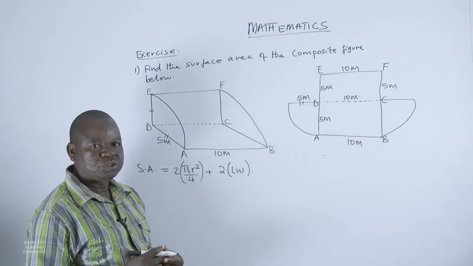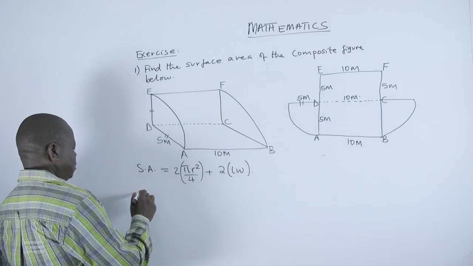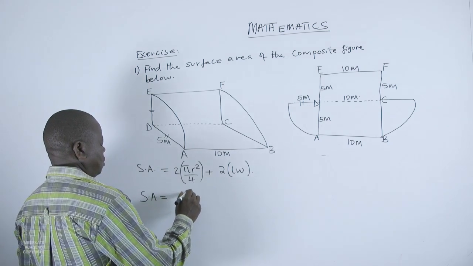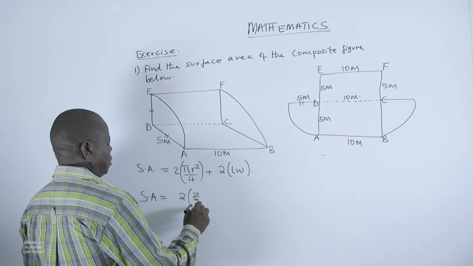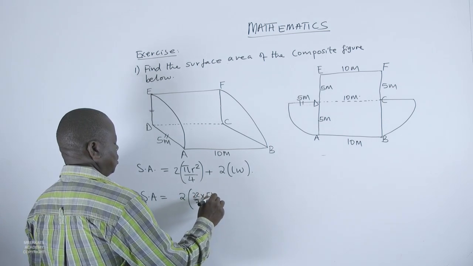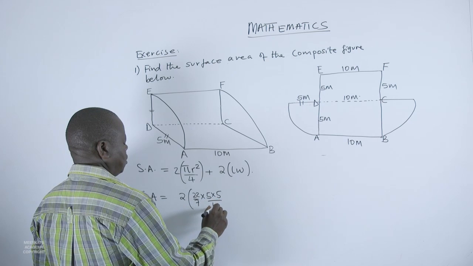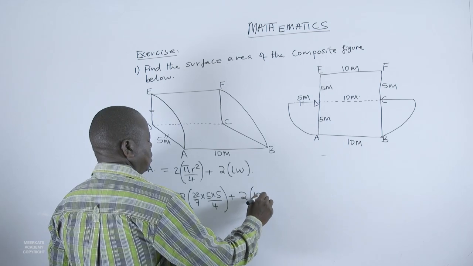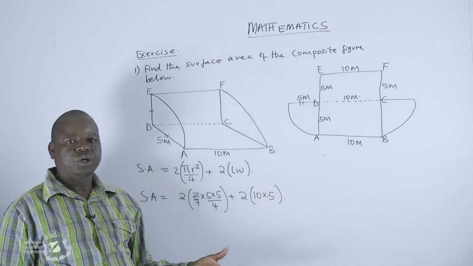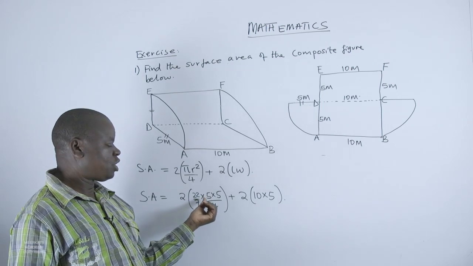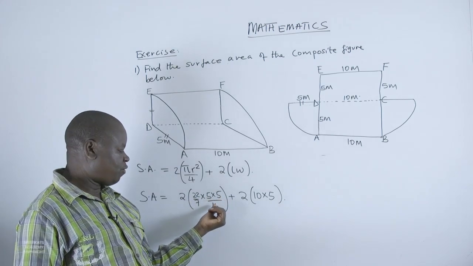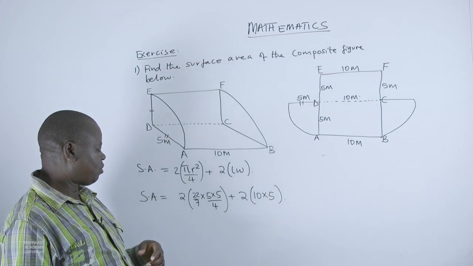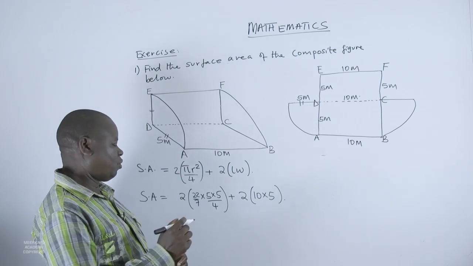So by substitution, we obtain 2 into 22 over 7 times 5 squared over 4 plus 2 into 10 times 5, of which by simplification we'll get the following.